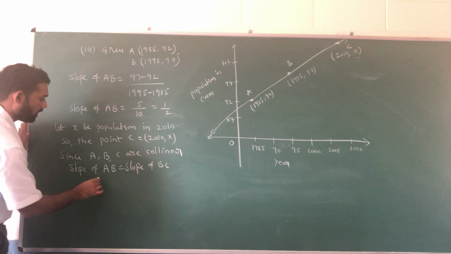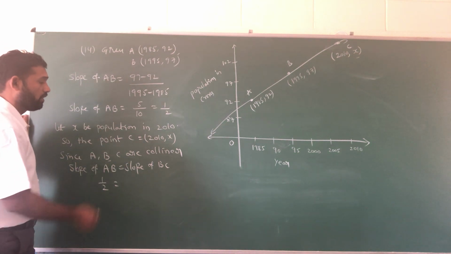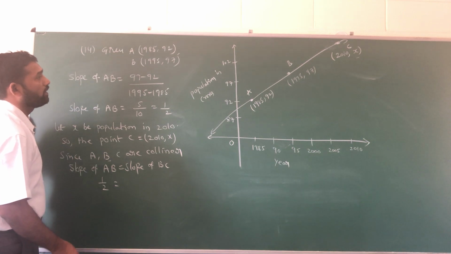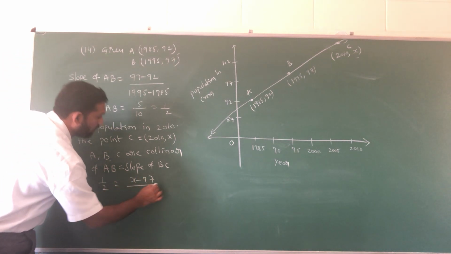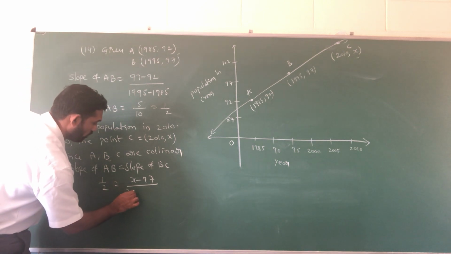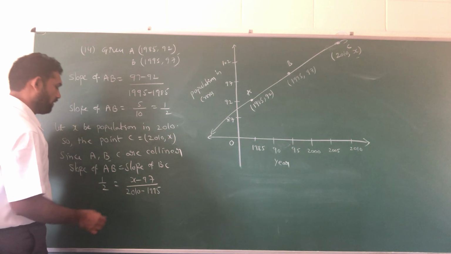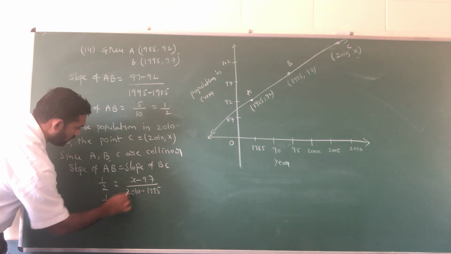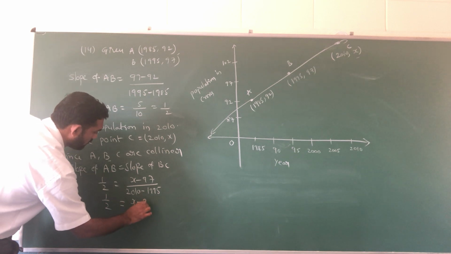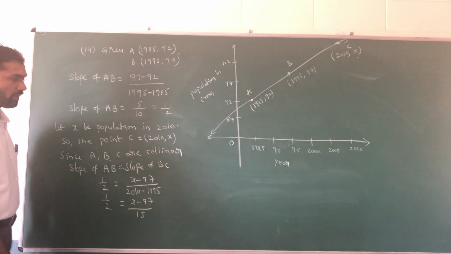Slope of AB we already know. Slope of BC means x minus 97 divided by 2010 minus 1995. So simplified, 1 by 2 is equal to x minus 97 divided by 15.